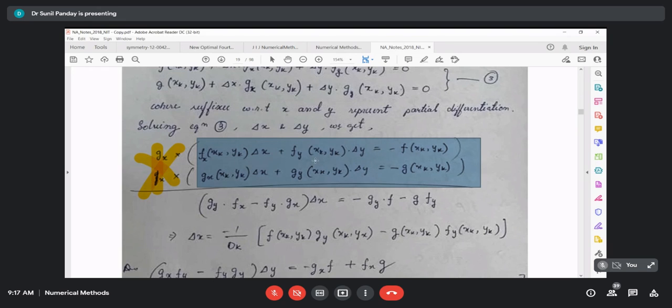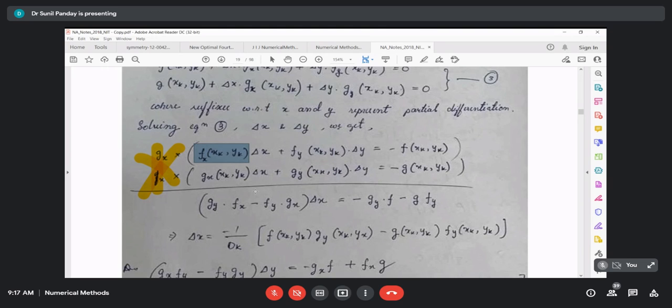So we can solve this. If I multiply equation 1 by gy, because I want to remove this term, obviously these terms look alike, I just have to multiply gy(xk, yk) to this equation, and then fy(xk, yk) to this second equation, and then subtract. So this term will cancel out and this term will remain.